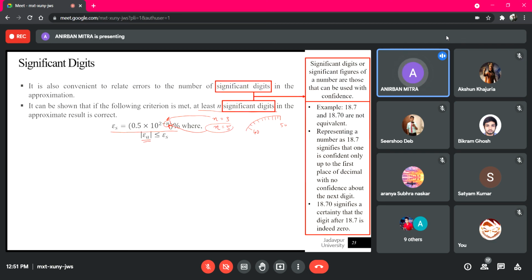So each of these marks represents one number. This is 40, 41, 42, 43, 44, 45, 46, 47, 48, 49, and 50. Suppose the indicator is somewhere around here. So what would you say that the speed is at the moment?